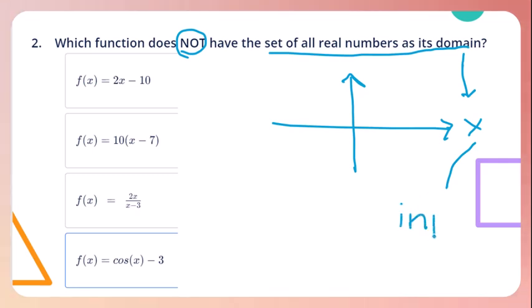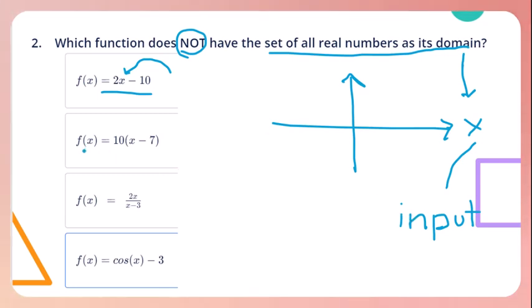So are there any numbers that we cannot put into a function and get out a real answer? Now we know if we input any number here, this is a linear equation, y equals mx plus b. We do have an output for every real input.